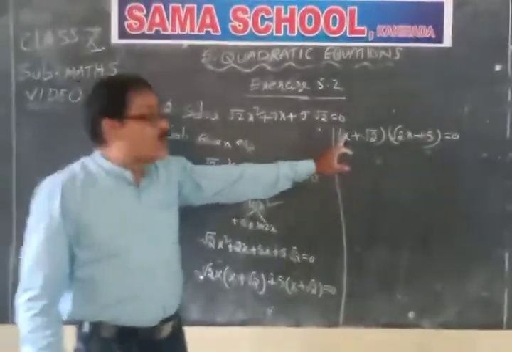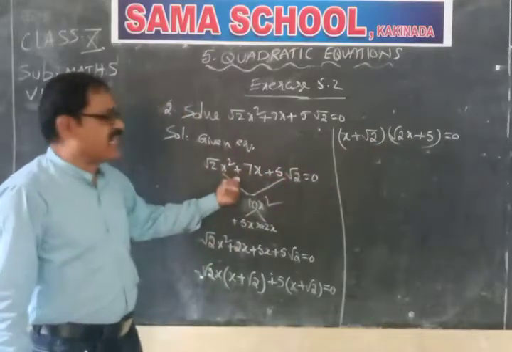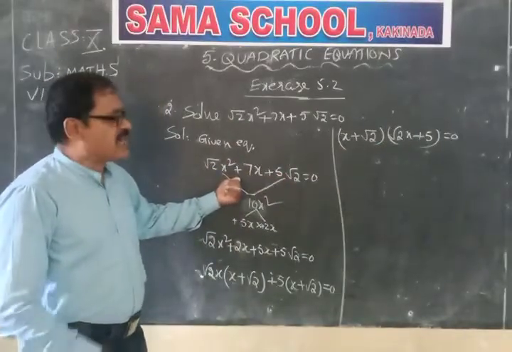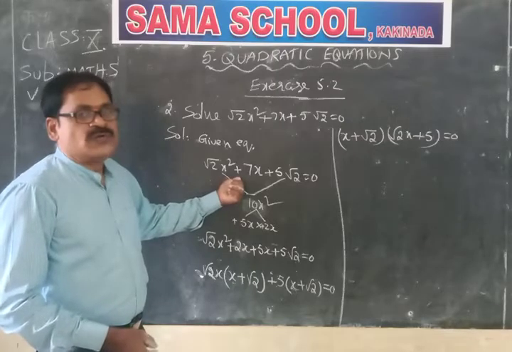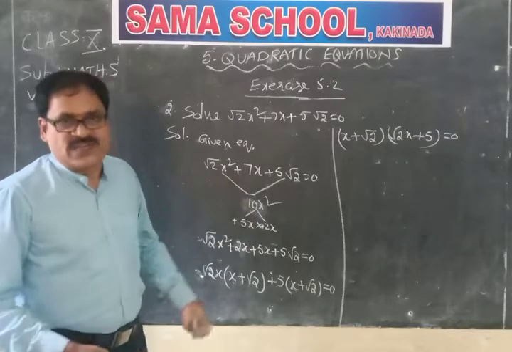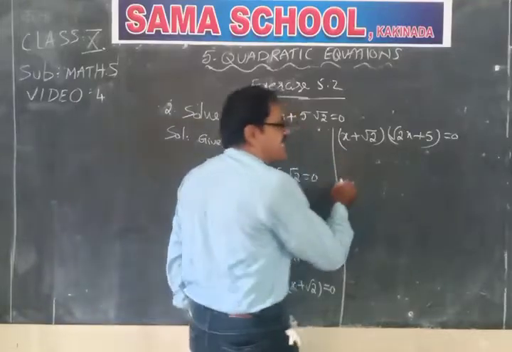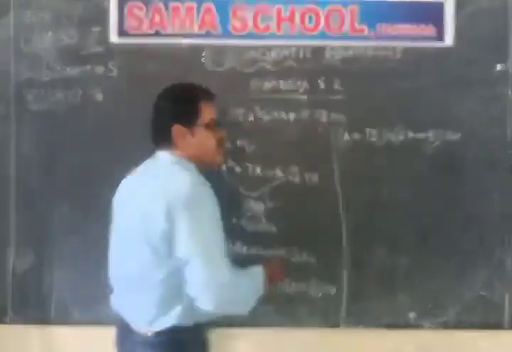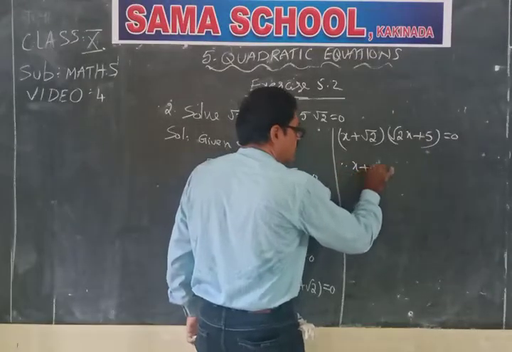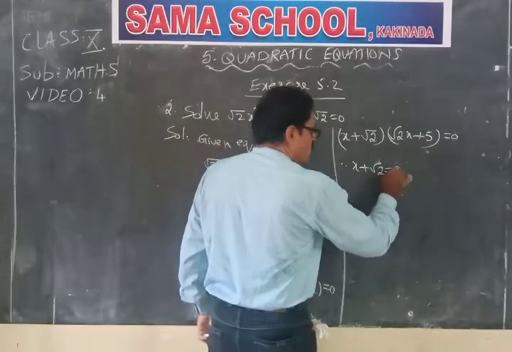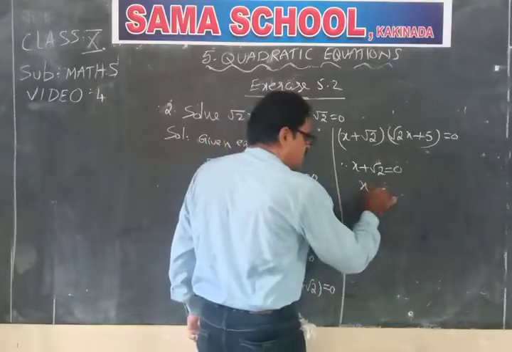These two are the linear factors of this quadratic equation. After we get linear factors, we have to equate each linear factor to 0. Therefore, x plus root 2 is equal to 0, and x is equal to minus root 2.